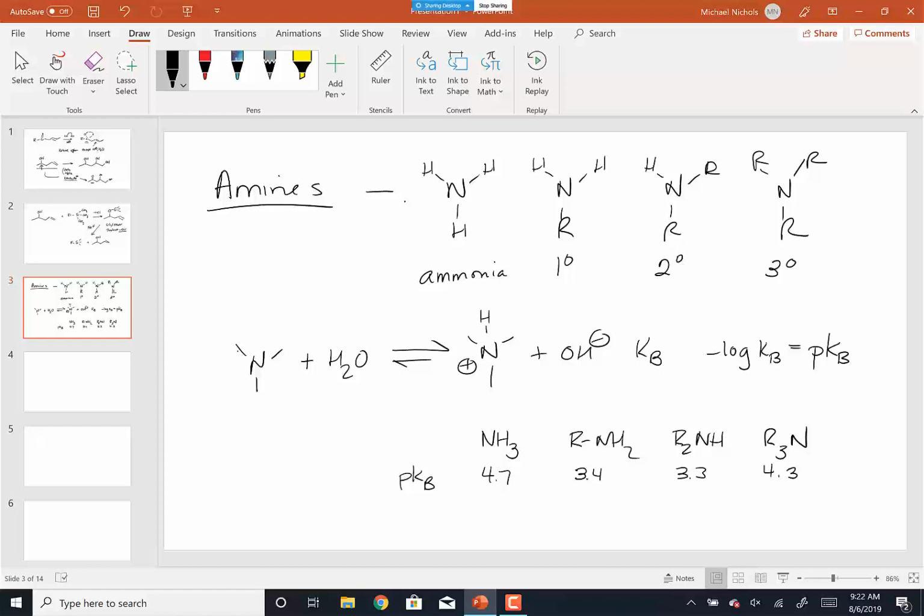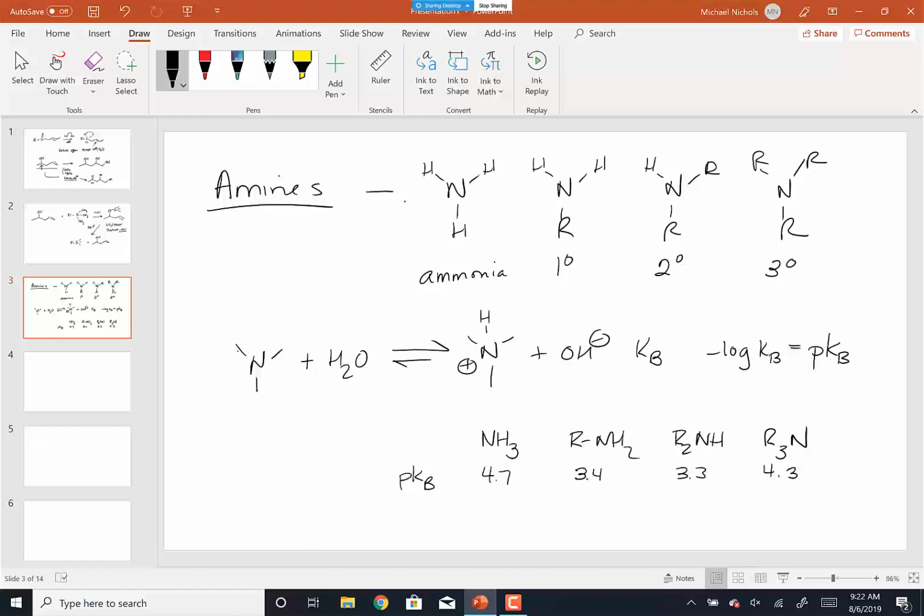For some reason the book doesn't like to do this. They like to show pKa's, and that just confuses me. If I'm measuring basicity, I want the pKb. I don't want the pKa. There's too many inverse relationships in chemistry as it stands, so I want to deal with a direct one.